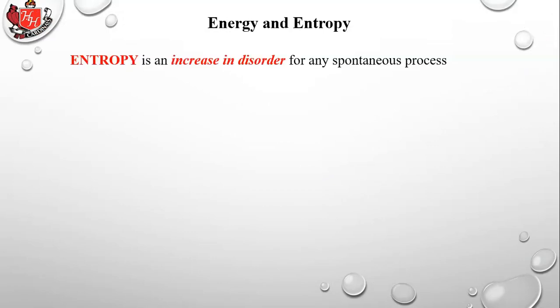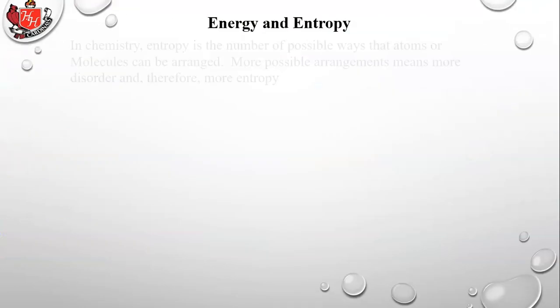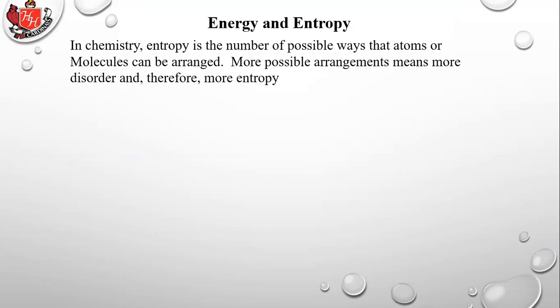Entropy is an increase in disorder for any spontaneous process. Dissolving an ionic compound such as potassium bromide is a process that is both spontaneous and increases entropy, because the ions are in a greater state of disorder. In chemistry, entropy is the number of possible ways that atoms or molecules can be arranged.